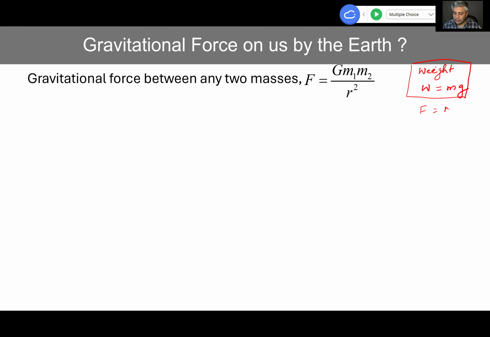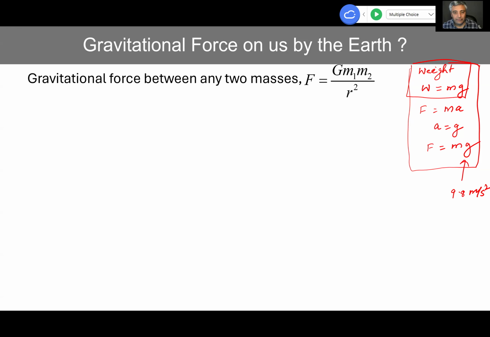And since force is mass times acceleration, and acceleration due to gravity is g, we write F is mg. So that's what we have learned so far. And we said, okay, if we do careful experiment, we get g as 9.8 meter per second square. So that's what we learned so far, okay, in the previous chapter about the weight, force of gravity, and acceleration due to gravity.